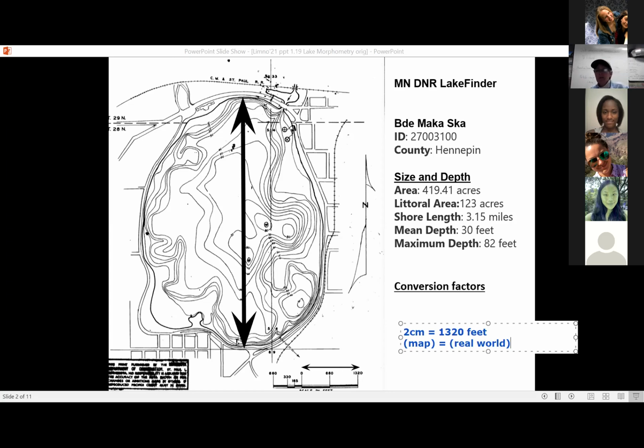Now, normally in this class, I have paper maps and we actually measure it in groups and do the calculation. I still want you to be able to do this on the exam, so I hope that you can picture doing this. If you were living in an electronic world, you might have a map like this, and you could be using some kind of software like ImageJ, which could give you a measurement from here to here in pixels.